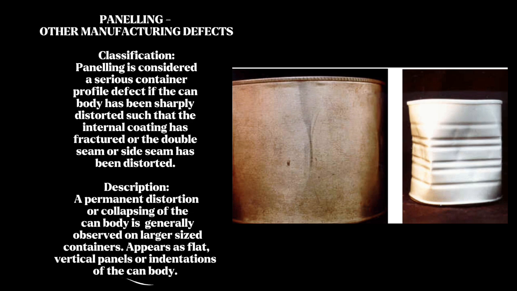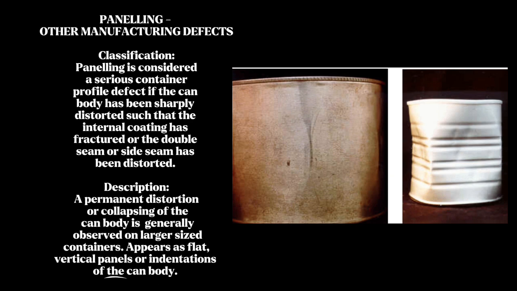This defect is most commonly observed in larger size containers, and it happens when the internal structure of the can is compromised, which can cause issues such as the fracturing of the internal coating or distortion of the double seam or side seam. So paneling significantly affects the can's structural integrity and can lead to further defects during processing.